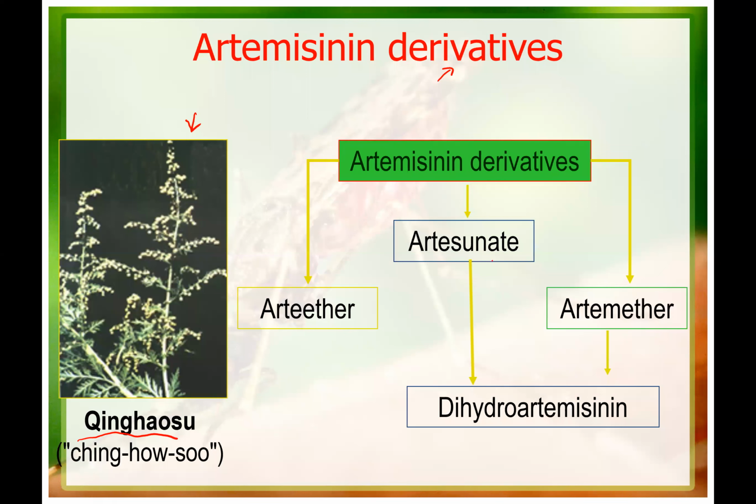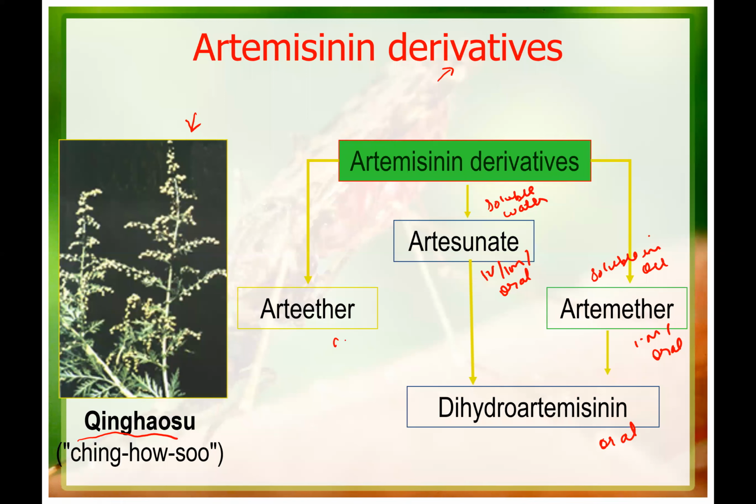So what are these artemisinin derivatives? First is artesunate, which is soluble in water and can be given by IV, intramuscular or oral route. Artemether is soluble in oil and is given by intramuscular and oral route. Dihydroartemisinin and arteether are given by oral route.